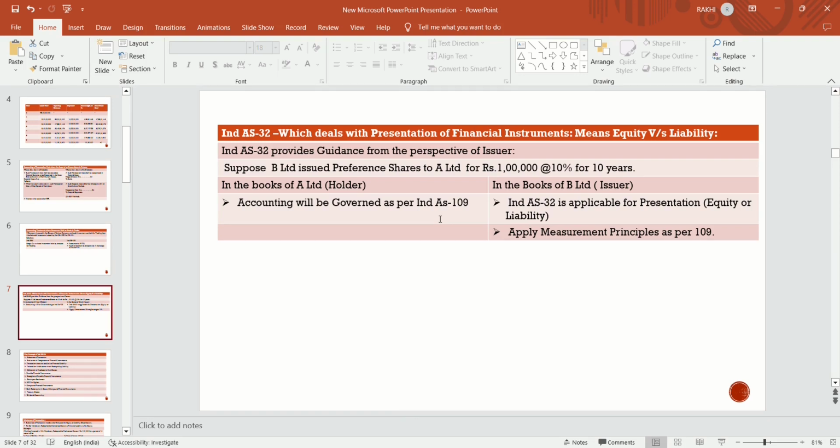So in this case, because it is an issuance of preference shares by B Limited, the measurement principles follow Ind AS 109 and presentation is as per Ind AS 32 in the books of B Limited. In the books of A Limited, that is the holder who holds the instrument, it should be accounted as per Ind AS 109.